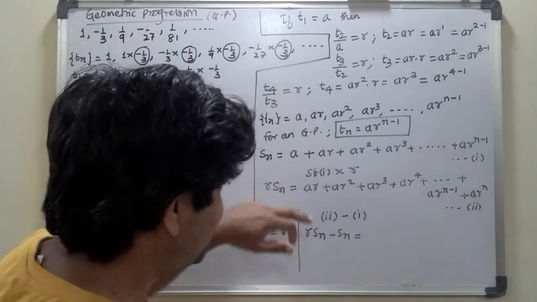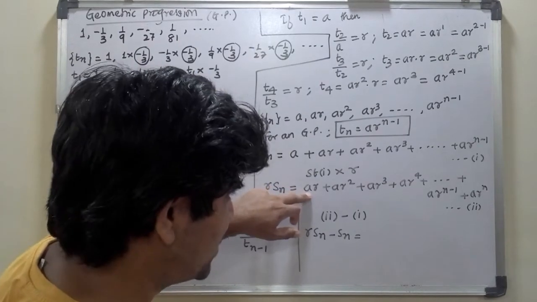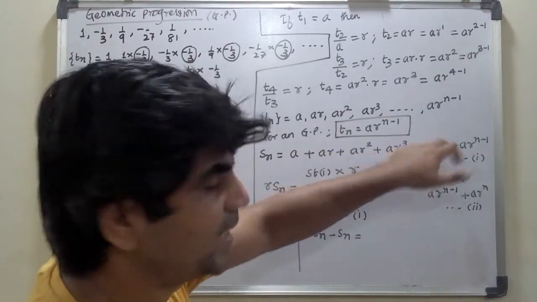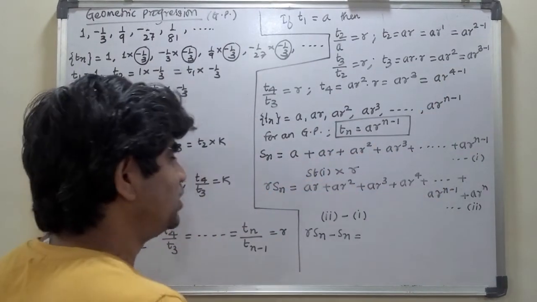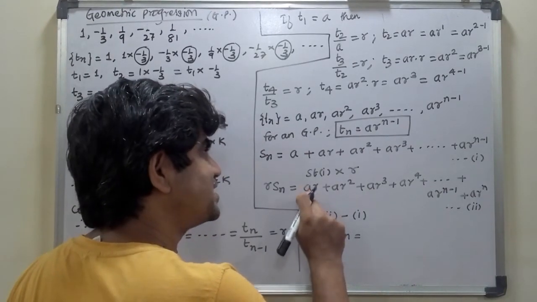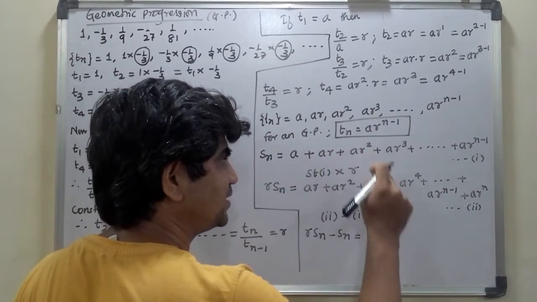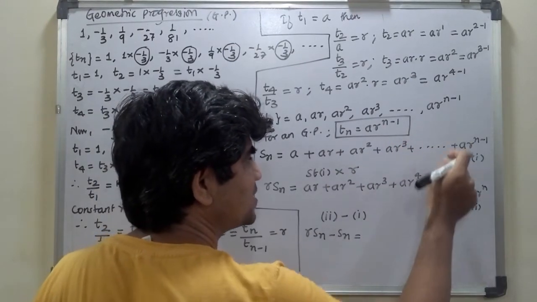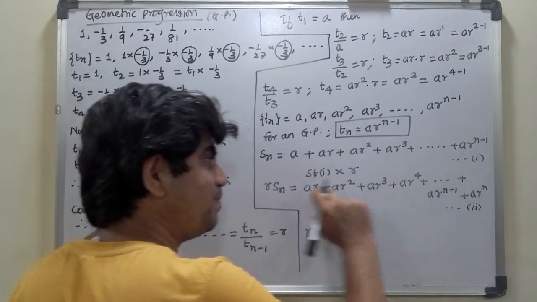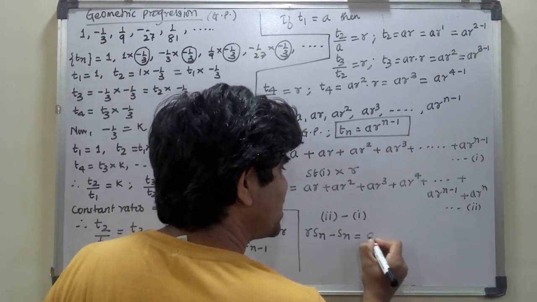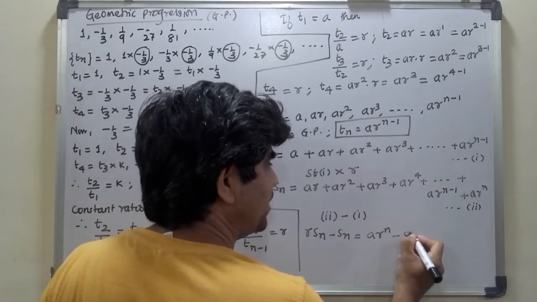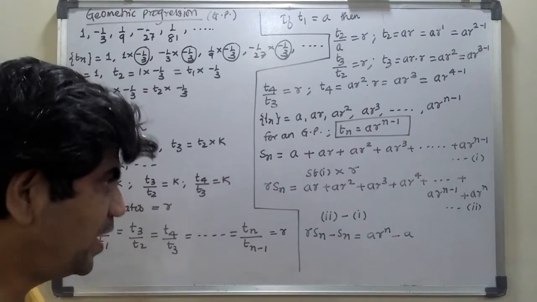On the right, the AR cancels with AR, AR square with AR square, and so on, and what remains is AR raised to n from the second and minus A from the first.